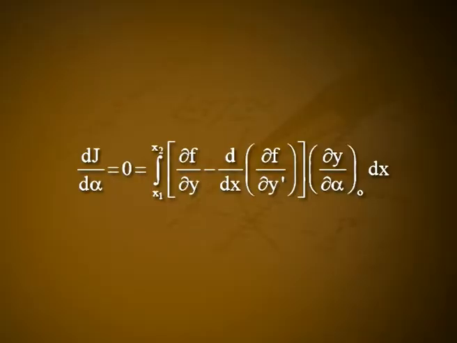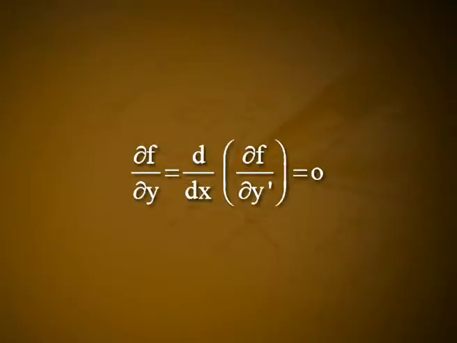dx. The condition for a stationary value is dJ/dα equal to 0, which is equal to integral from x1 to x2 of [∂f/∂y minus d/dx of ∂f/∂y'] into ∂y/∂α at 0 dx. But ∂y/∂α is equal to eta of x and is an arbitrary function.